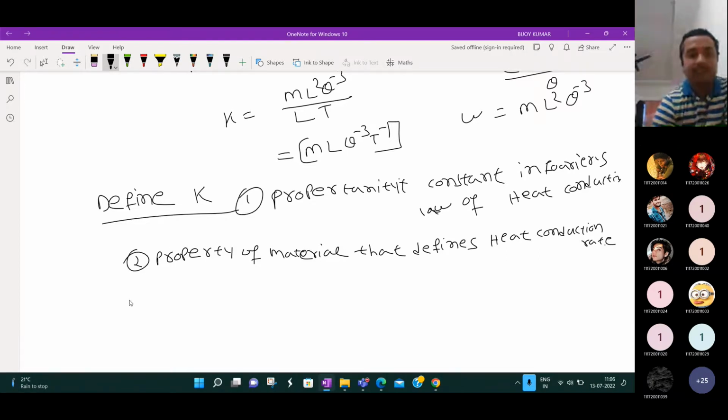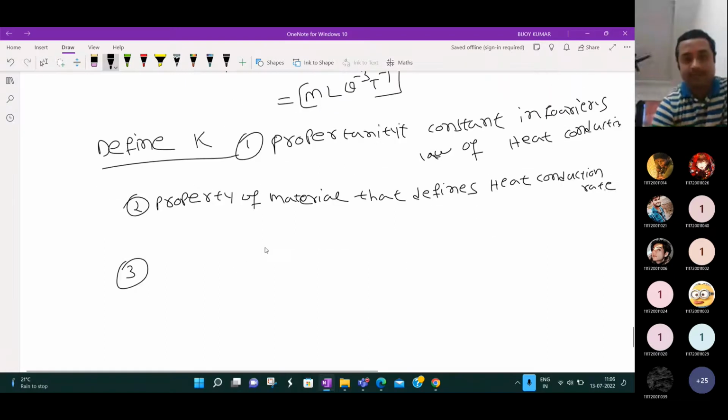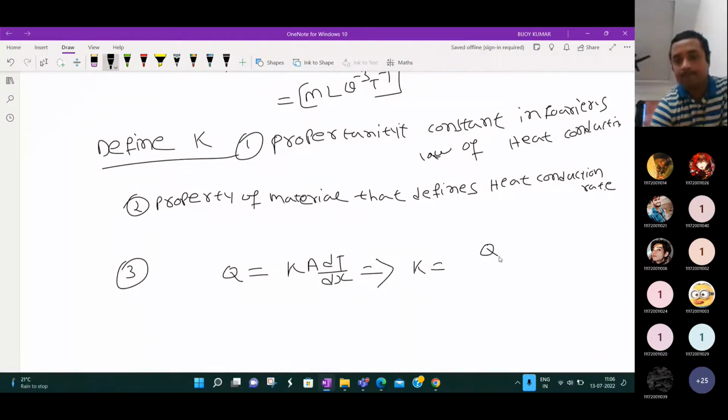What is the third definition? According to the formula, we can write Q is equal to K A dT by dx, or we can write K is equal to Q by area into dT by dx.